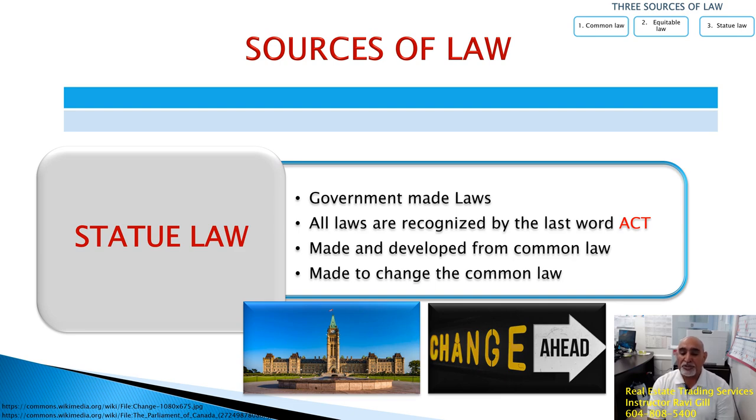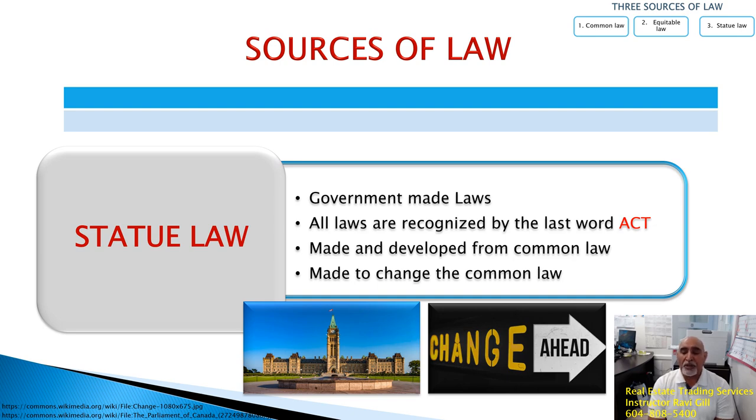In this chapter, we started with understanding what is common law. Then, because common law was very strict, with only one remedy, came equitable law. Now, because common law again was very strict and sometimes very unfair, came statute law. Be very careful.